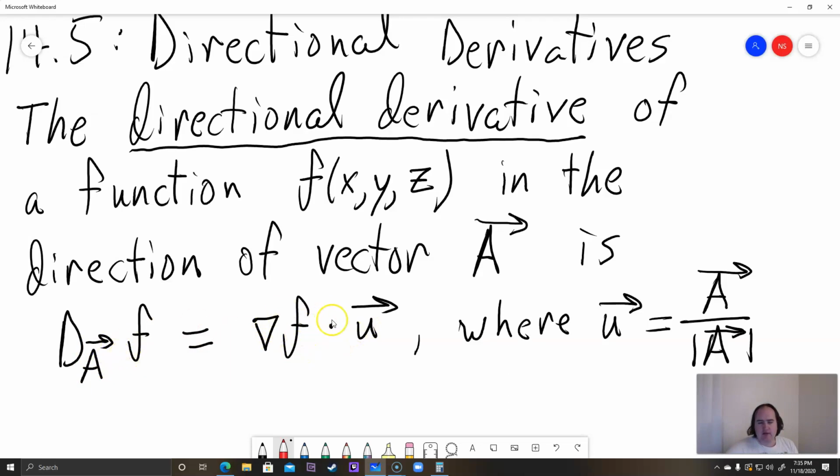You're actually going to be evaluating this at a point, but I didn't write that point in there because it's usually easier to have the formula without writing in evaluated at the point p naught. And u is a unit vector in the direction of A, so that's vector A divided by its length.